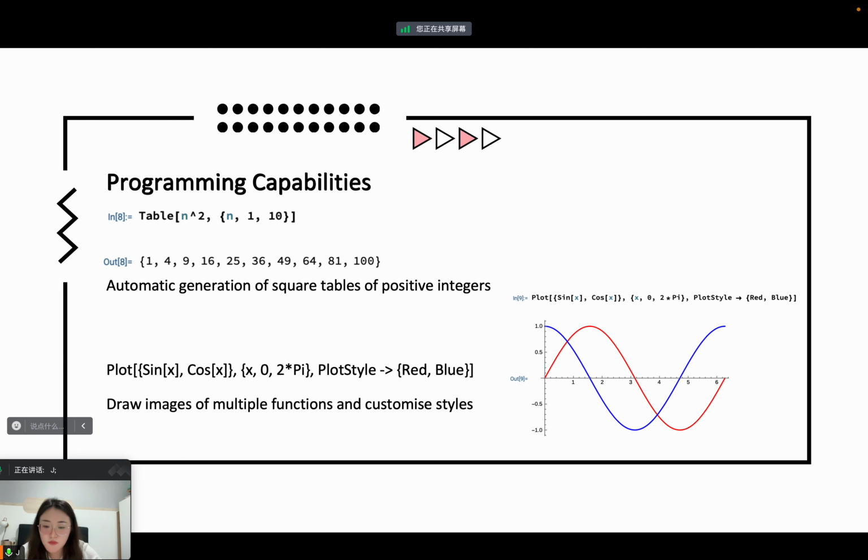It's also possible to programmatically create custom charts or plots, even with specific line colors, red and blue like this one.